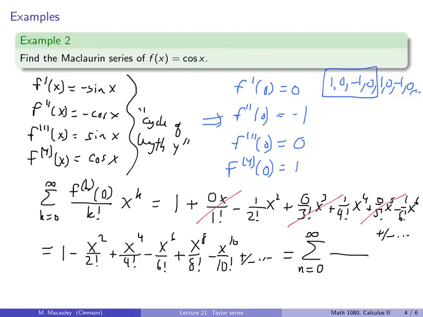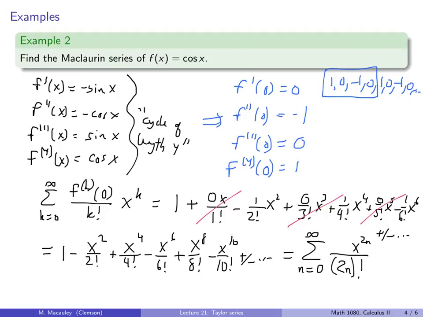On top I'm going to put x to the 2n. Notice by doing that, as n increases, I'm missing all of the odd powers. So this is 2n, so on the bottom is also 2n factorial.